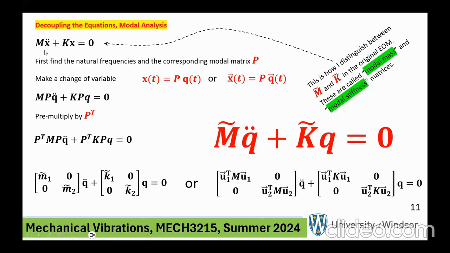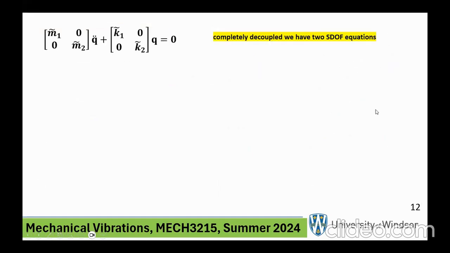The second equation had x1 and x2 in it. But through this change of variable, we have decoupled these equations, so that the first equation does not deal with q2, and the second equation does not deal with q1. There we are, decoupled. That's what makes this whole process tick.